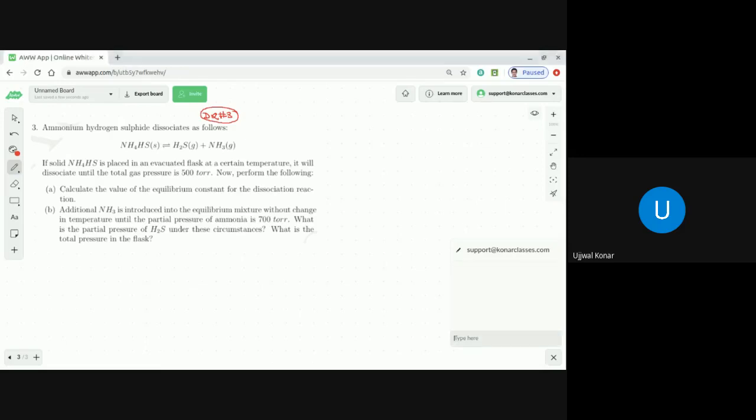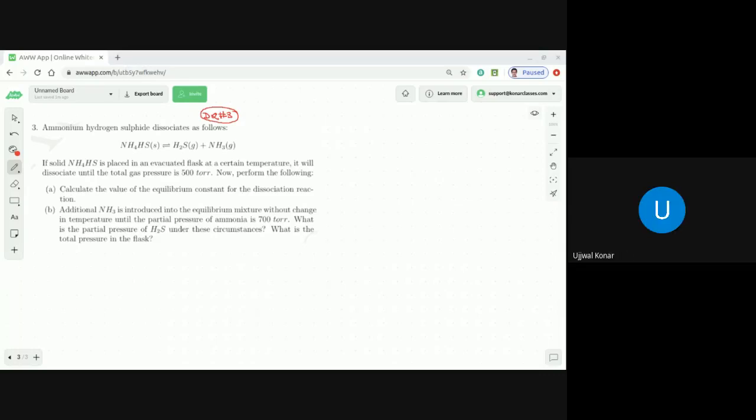See, here the question is to calculate the value of the equilibrium constant for the dissociation reaction. Correct, no? So what is the value of Kp then? Dear Shrestha? Able to hear me? Pratik? Yes, sir.